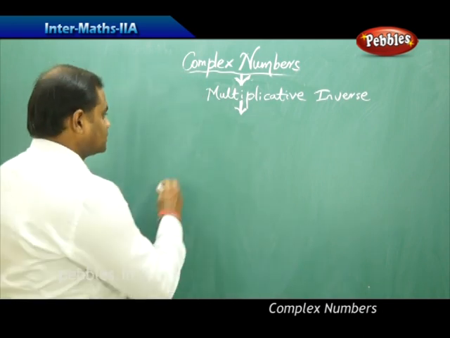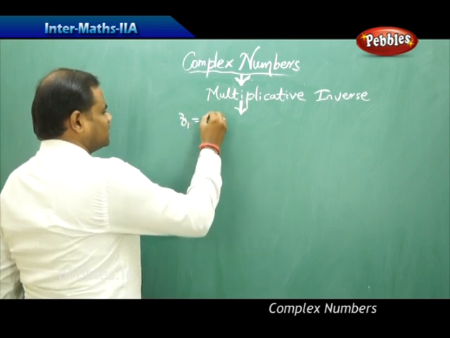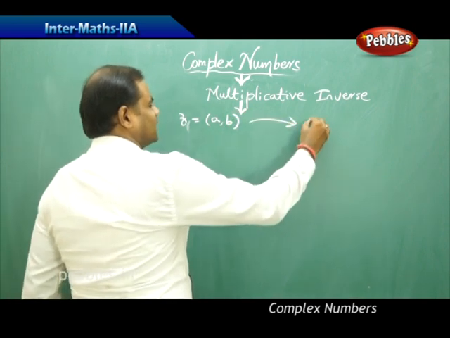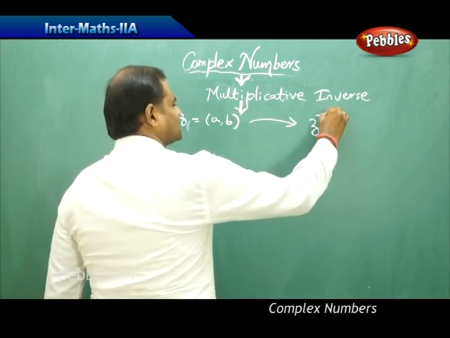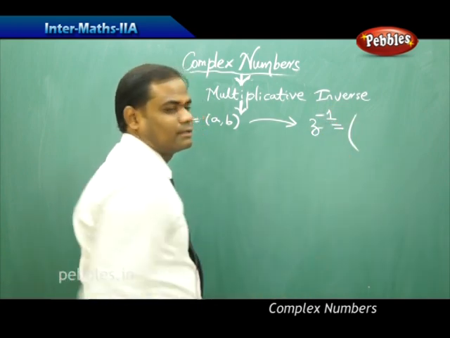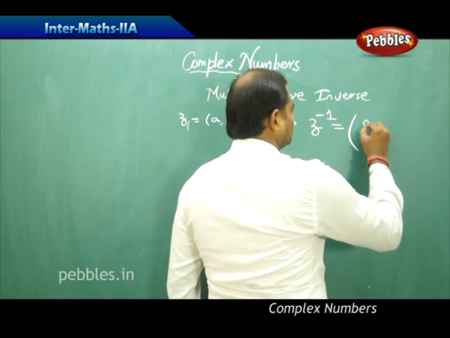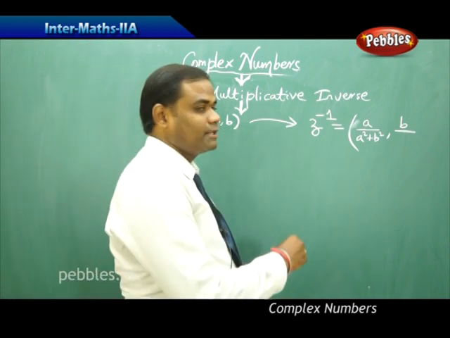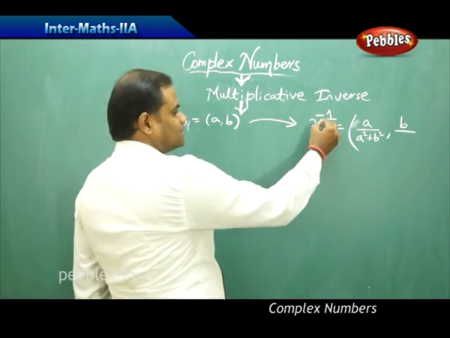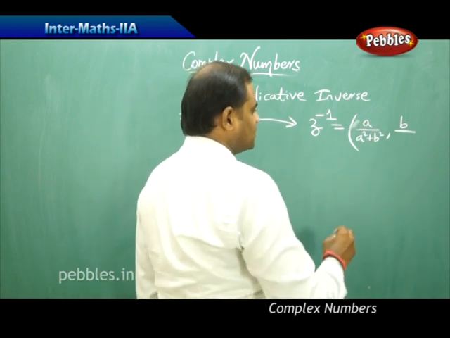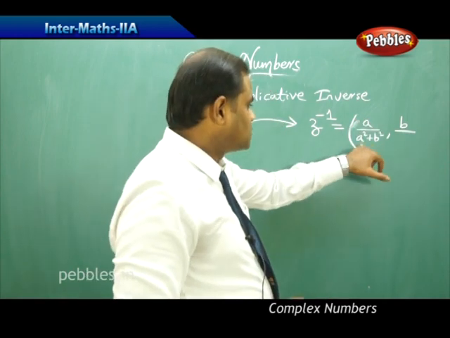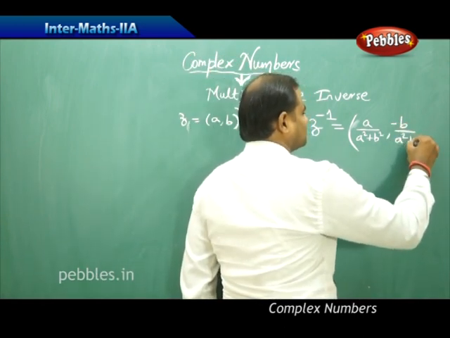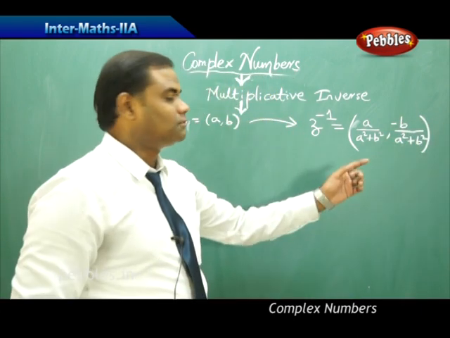So to revisit, if my complex number z is (a, b), then we have studied that its multiplicative inverse, denoted by z inverse, is given by the formula a by a squared plus b squared and minus b by a squared plus b squared.